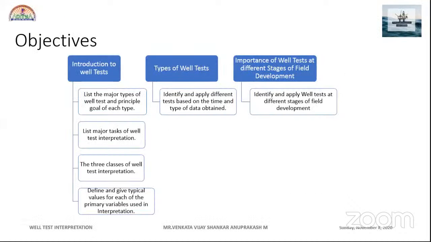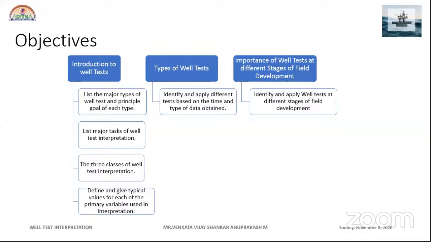So these are the objectives of our session in today's well test interpretation workshop. First, as I told, it is about the introduction. By the end of this workshop, you will be able to identify the list of major types of well test and the principal goal of each type. The next is the major tasks of a well test interpretation.